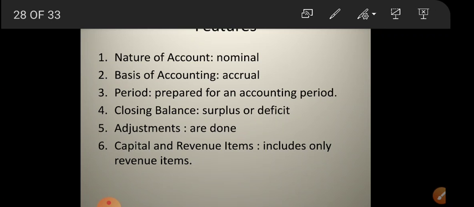That's why it requires adjustment. Previous year expenditures we will not show, and next year's prepaid expenses we will not show in our account. That's why we add or deduct these types of expenses or income.